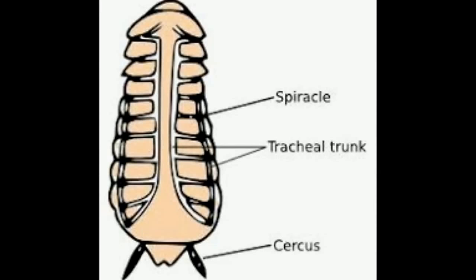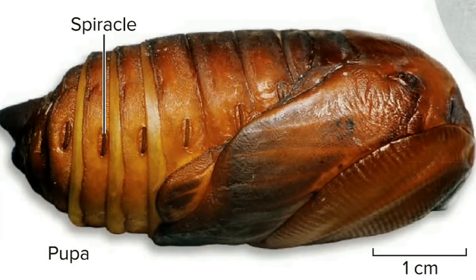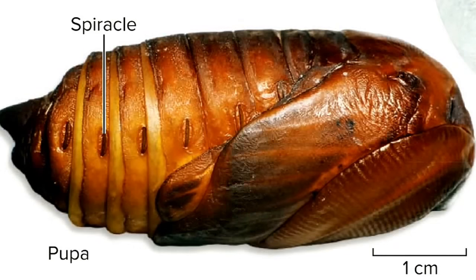And coming to the insects, arthropods, particularly they have 10 pairs of spiracles, openings of the body through which air enters into the body, and the total body is covered by pipes called trachea. Hence this system is called the tracheal system. Here we can clearly observe the spiracles in the pupa of the cockroach.